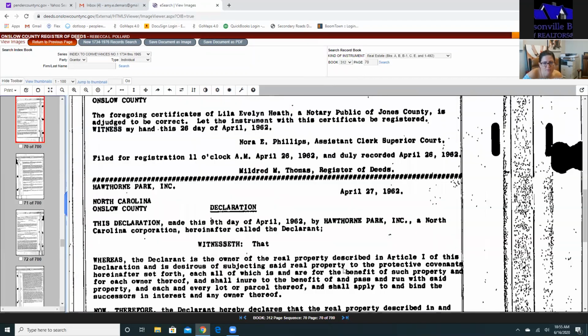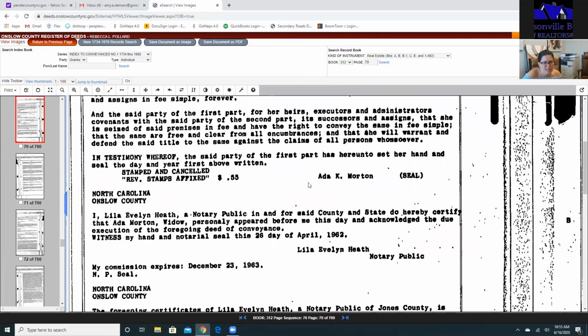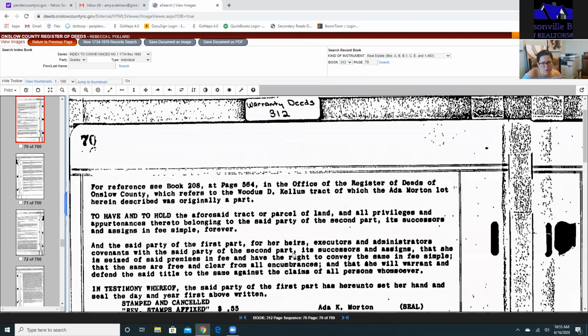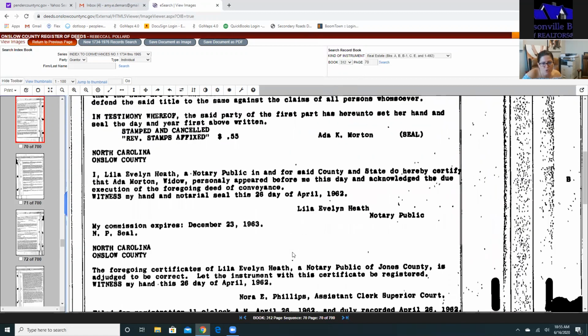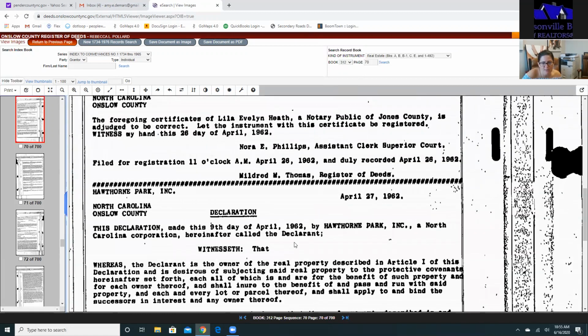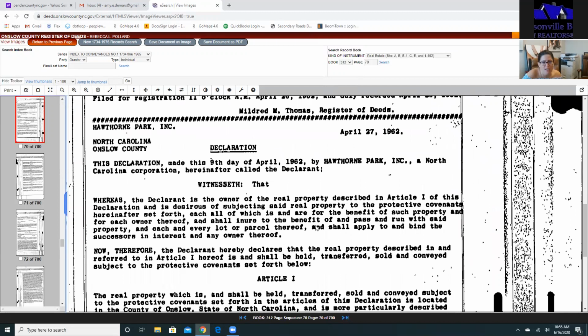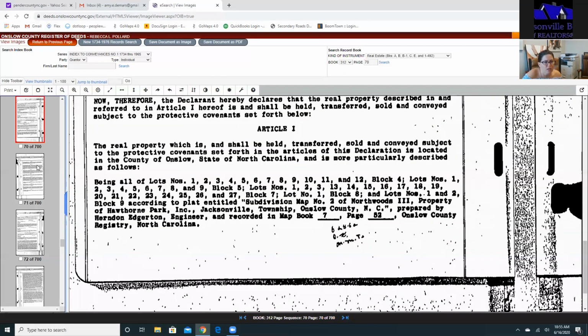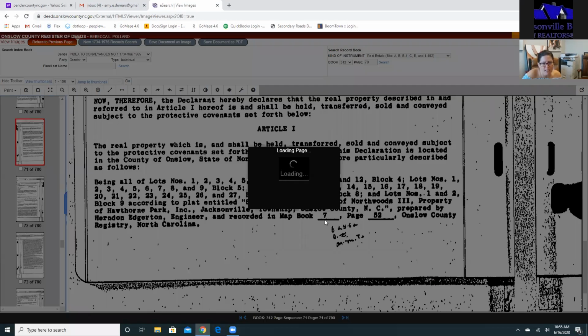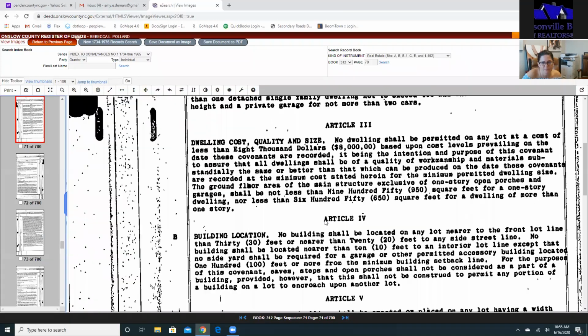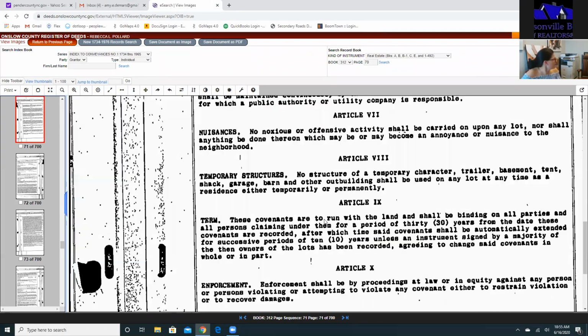If you're looking for restrictive covenants for Hawthorne Park, and you had gotten the book and page number from the deed that said 31270, and you get to 31270 and you're like, oh, this is the wrong one, just make sure that you scroll down because they are run-ons. So sometimes they start halfway down the page. And then again, you'd start clicking and seeing where they stop. Okay? So that's part of the older book.